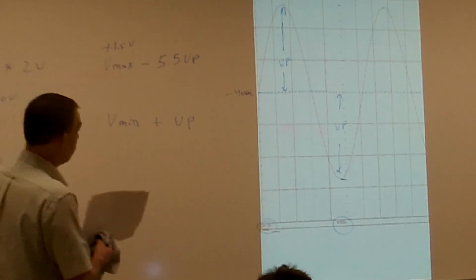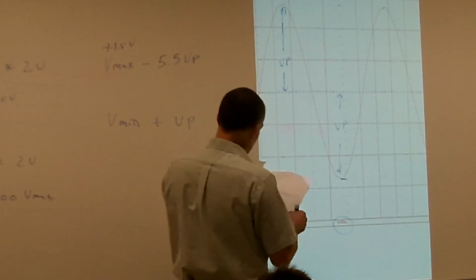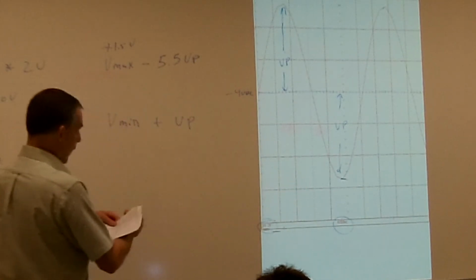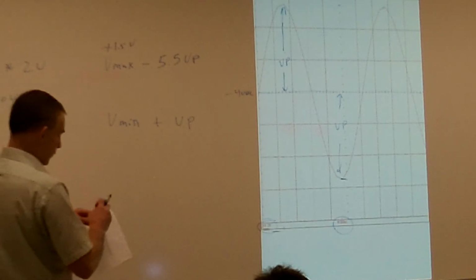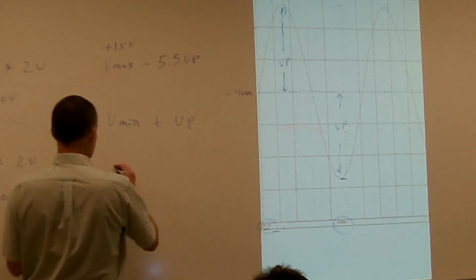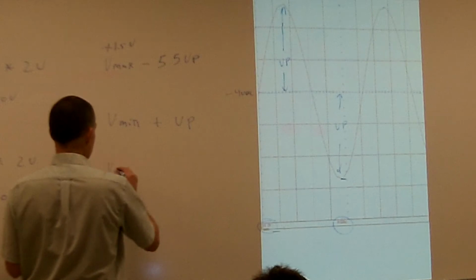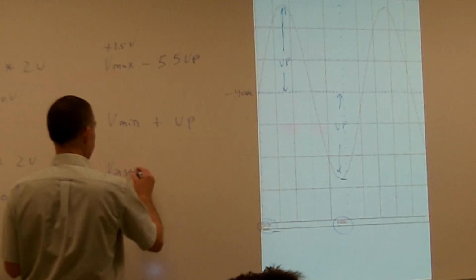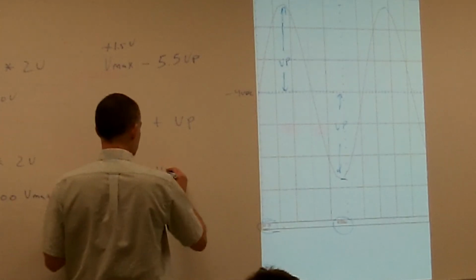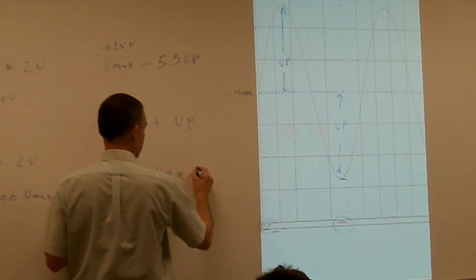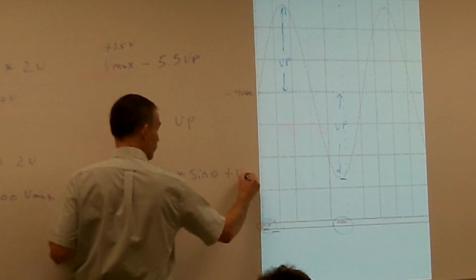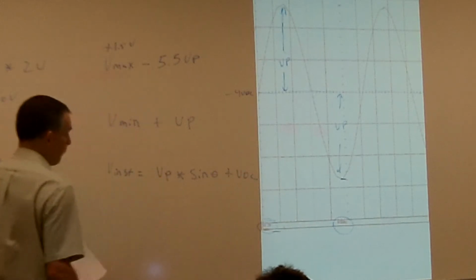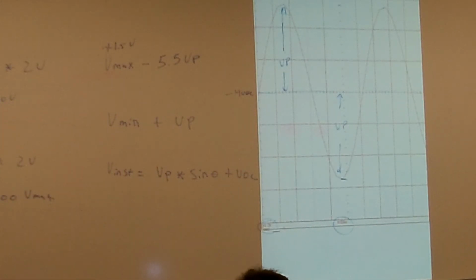But for the instantaneous formula at 45 degrees, V instantaneous is equal to my V peak times the sine of theta plus my voltage DC. That's what I forgot. Yep, you've got to make sure you add in that DC offset.